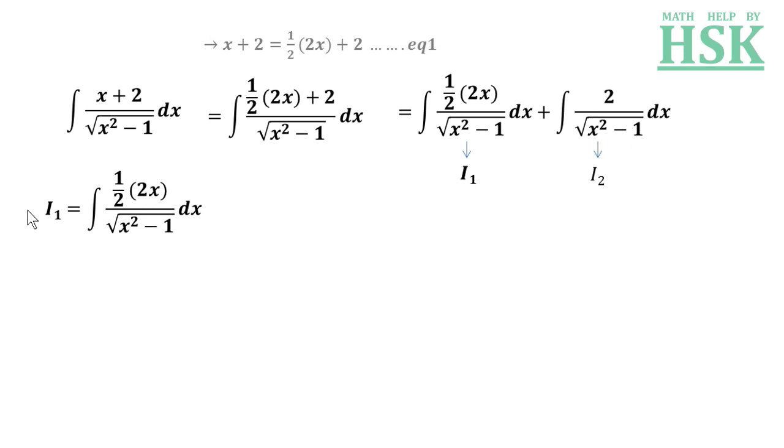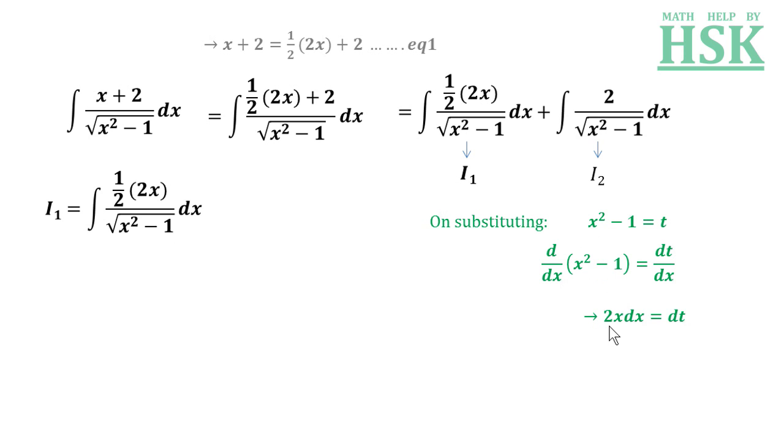So taking I1 and substituting x square minus 1 is equal to t, I am going to get 2x dx is equal to dt. So 2x dx would be replaced by dt. Here I am going to get square root of t. So I am going to get 1 by 2 times, which was written outside the integral sign, dt upon square root of t, which is equal to 1 by 2 t to the power of minus 1 by 2 dt.